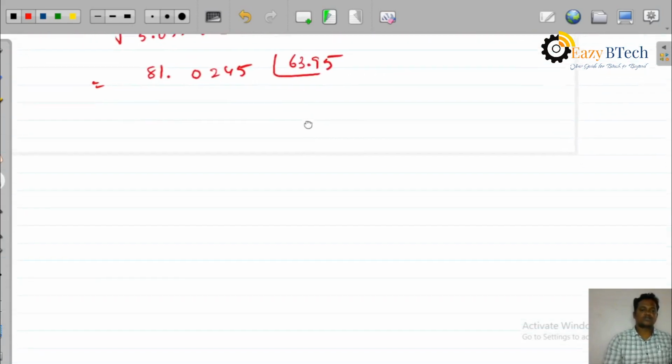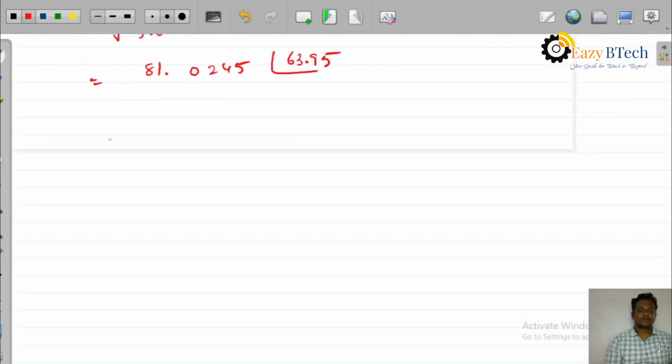Now C equals root of Y by Z into sinh root YZ.